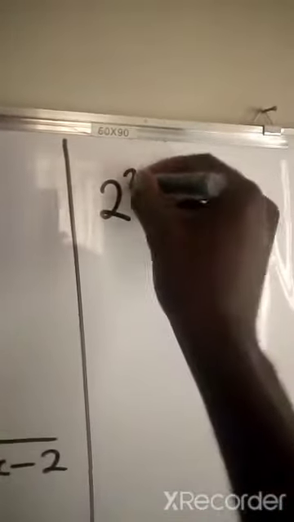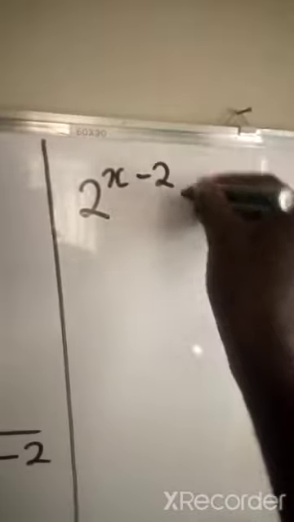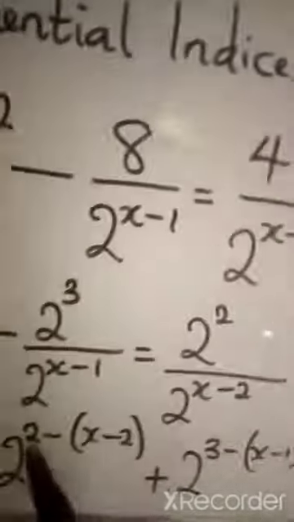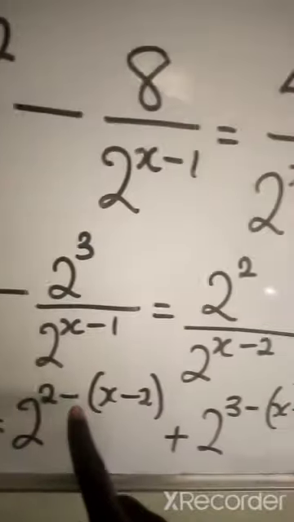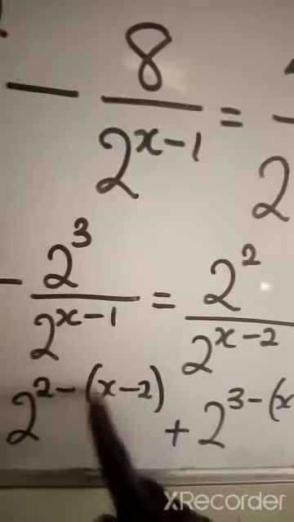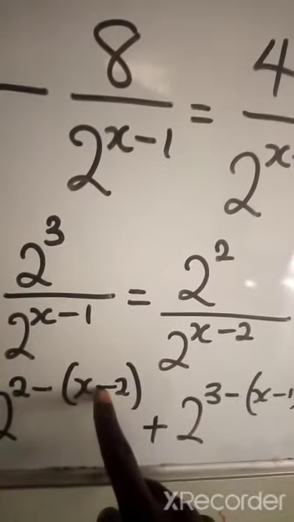So when you put all this together, you are going to have 2 raised to the power of x minus 2 equals 2 raised to the power of, now you open the bracket here. If you open the bracket, minus times x will give you minus x. Then minus times minus 2 will give us plus 2.